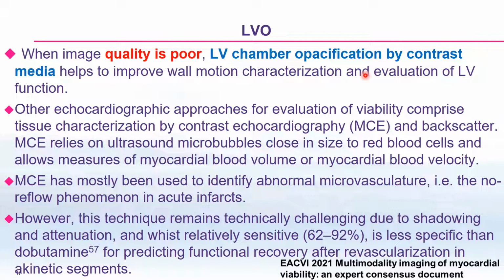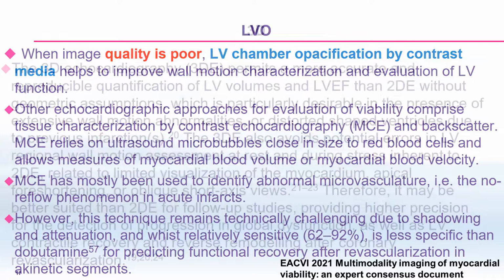In such cases, it is suggested to use left ventricular opacification contrast. And there are some approaches to look at the infarct through the backscatter and the bubbles, but it's still a challenging technique, and it's not a standard technique, so I won't go into detail with that.